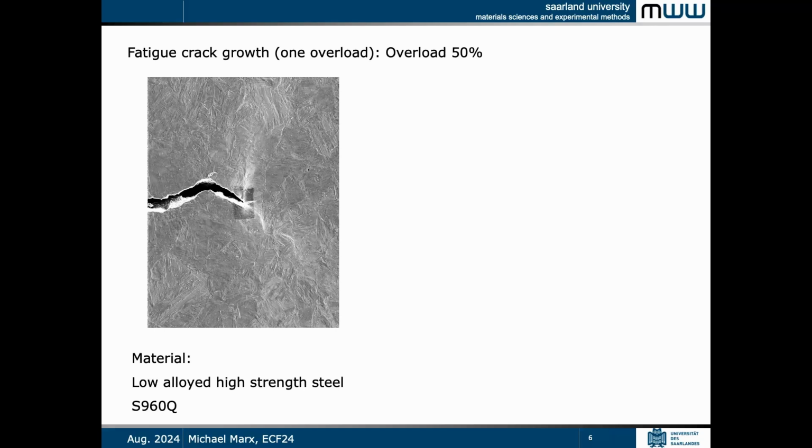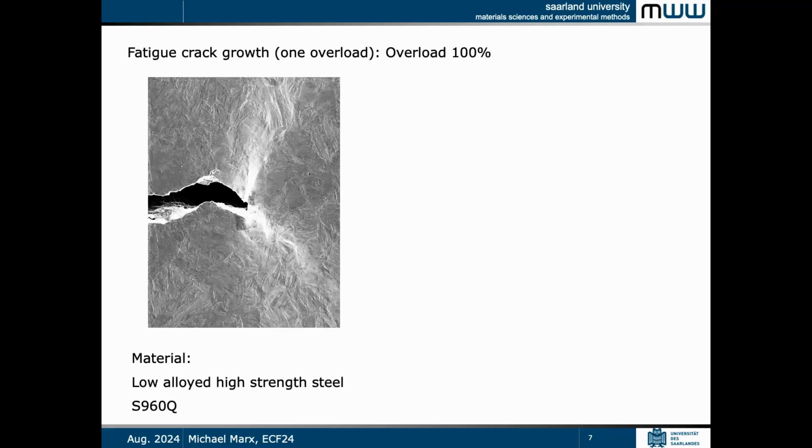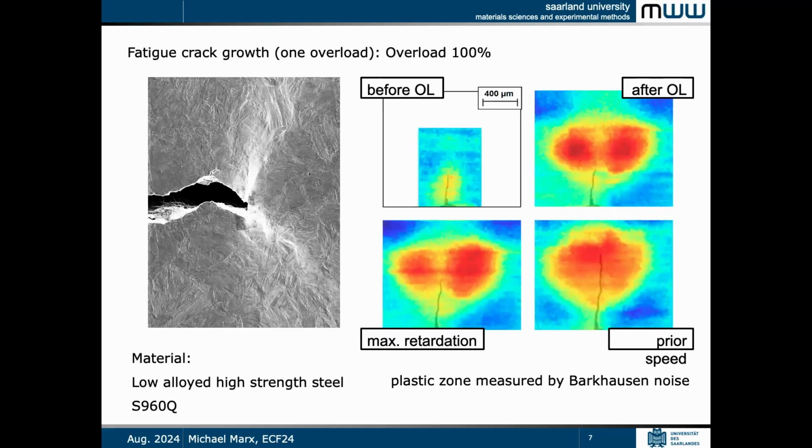And what you can do is make digital image correlation, or you can perform other techniques to get an idea about the deformation zone or the residual stress zone in front of the crack tip. In our case, we measured this with Barkhausen noise. By this, you get the residual stresses in front of the crack tip.